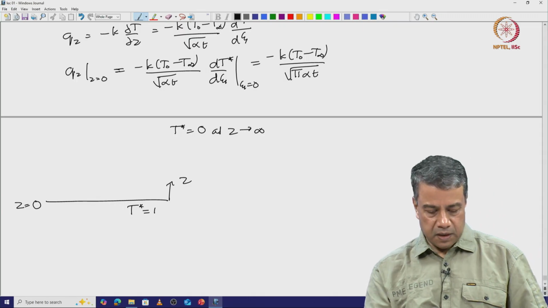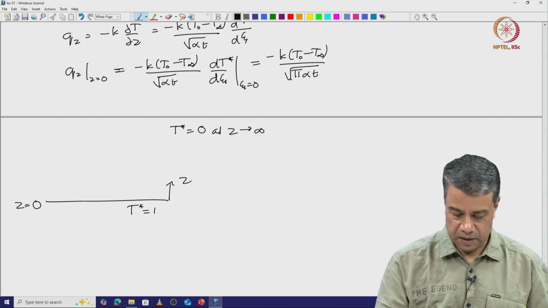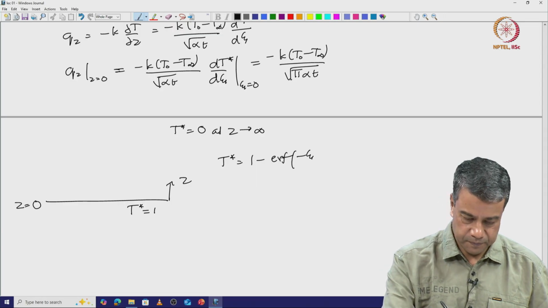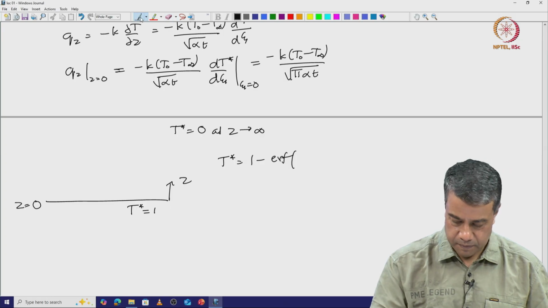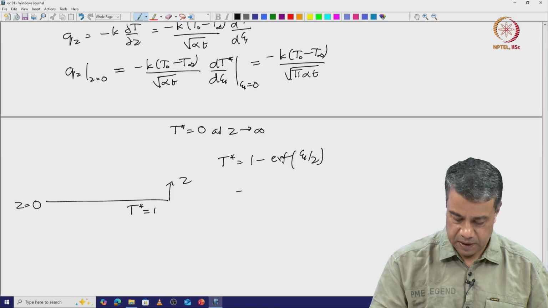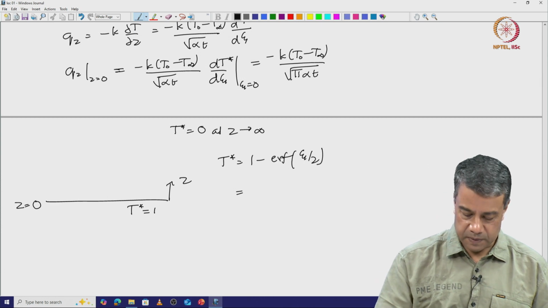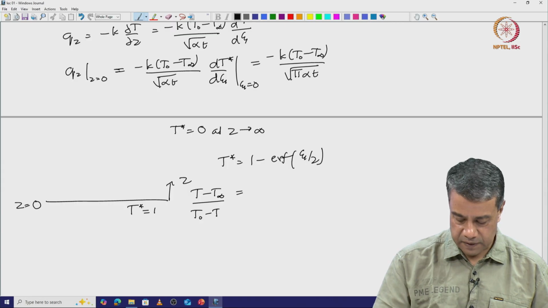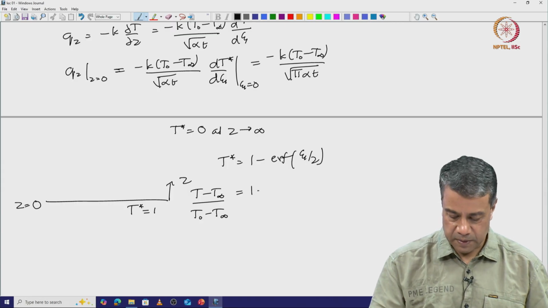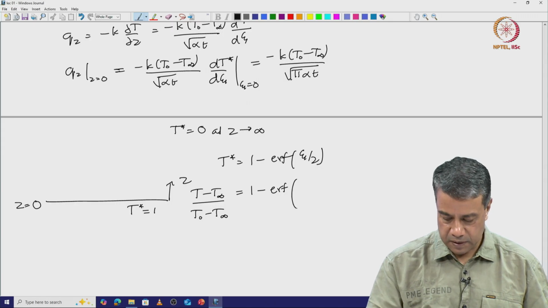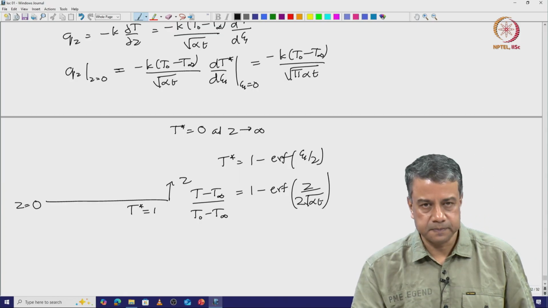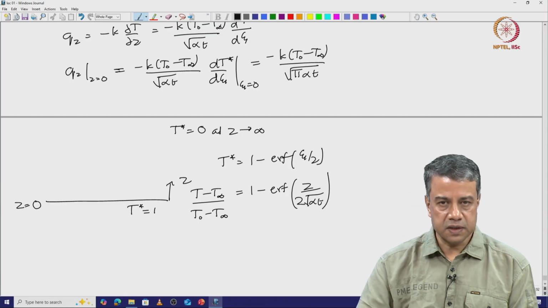And then I defined the temperature in terms of psi: T star is equal to 1 minus error function of psi. Written in terms of original variables, this is T minus T infinity by T naught minus T infinity equals 1 minus error function of z by 2 root alpha t.